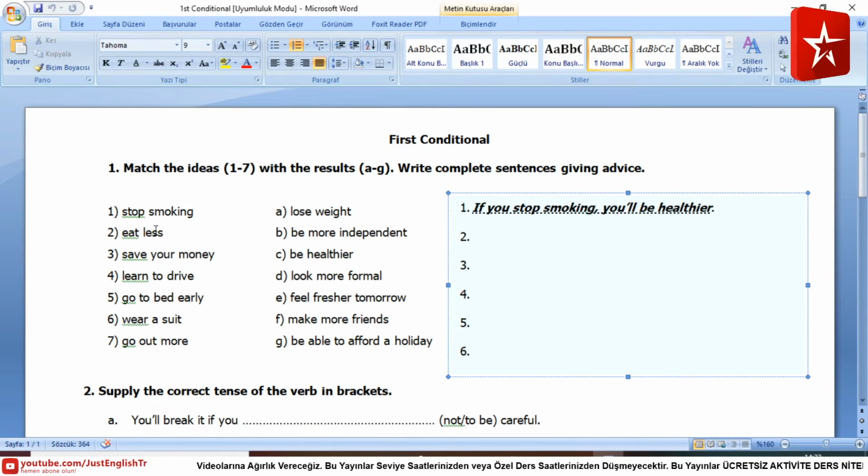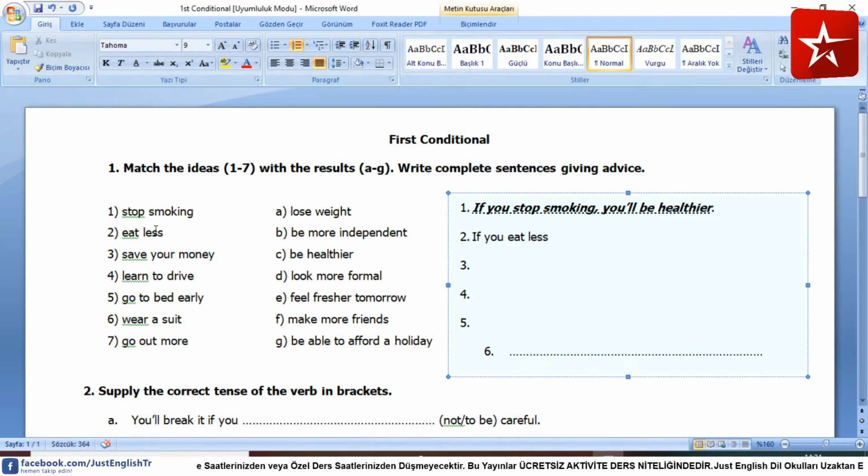Great. And number 2, if you eat less. Please help me. If you listen to my lessons, sure, you will learn English very well. If you eat less, you will be healthier.